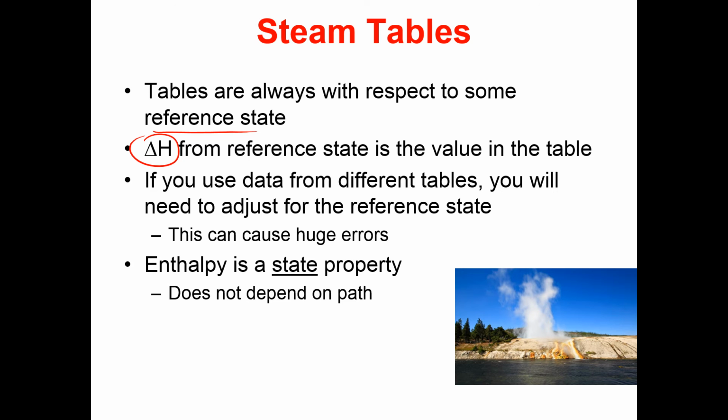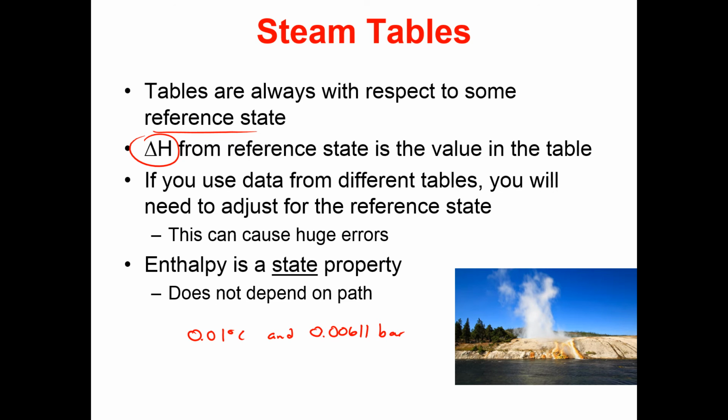The tables that we're going to use, the reference value for enthalpy is going to be 0 for liquid water at the triple point. For water, that's going to be 0.01 degrees Celsius and 0.00611 bar.